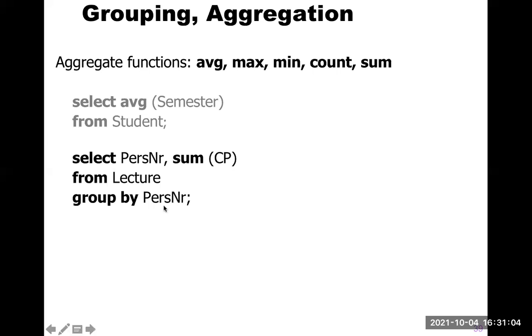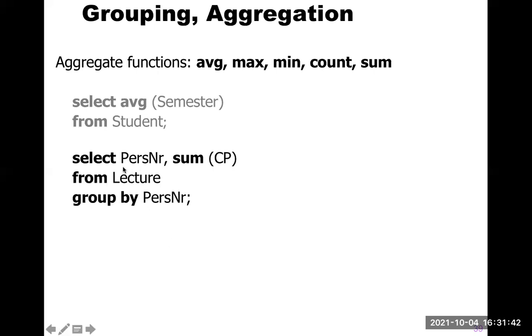In this case, person number is the same for the whole group. For each group, all the records have the same person number. Essentially, we divide lectures between professors, so a group of lectures for this professor, and so on. And the result contains just a single row, a single record, in the result table for each group.